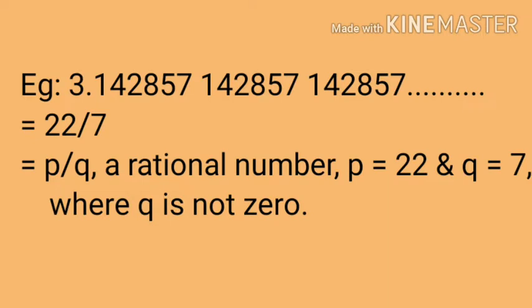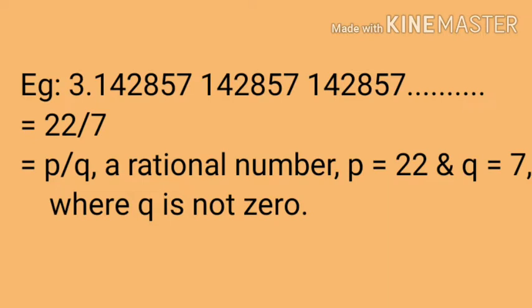If this non-terminating and repeating decimal is converted into a rational number, it is equal to 22 upon 7, which is in the form of P by Q, where P is 22 and Q is 7. This is how a non-terminating and repeating decimal 3.142857... is a rational number, which is equal to 22 by 7 and is in the form of P by Q, and hence it is a rational number.